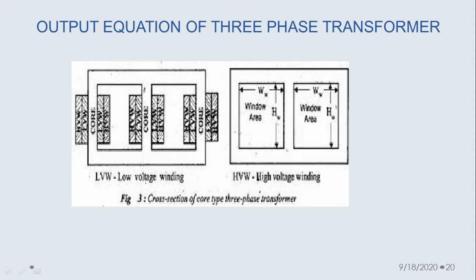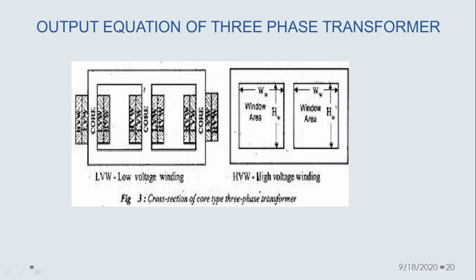This is the cross section of the winding which is wound on each limb, correct? Each phase is wound on each limb. You can consider this as the R phase, this as the Y phase and this as the B phase in the case of a three phase transformer.